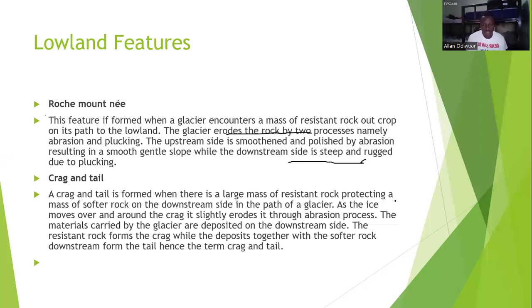The materials carried by the glacier are deposited on the downstream side. The resistant rock forms the crag while the deposits together with the softer rock downstream form the tail, hence the term crag and tail. So these were just some of the features that we have looked at.